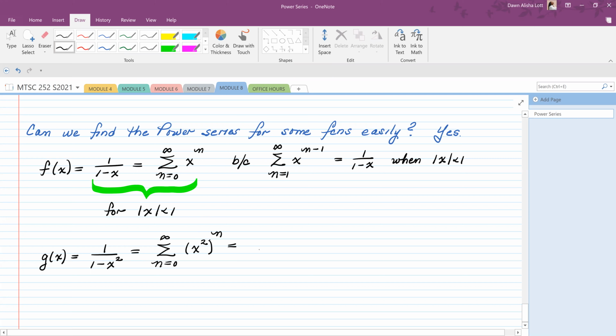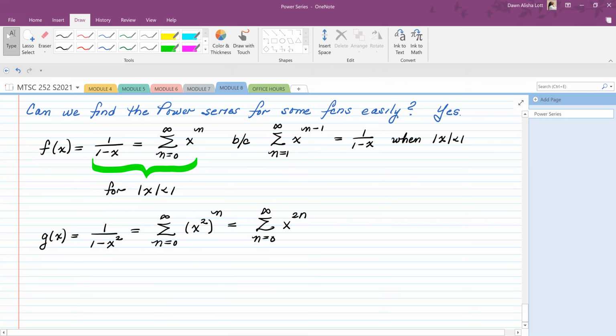So this is the sum, n equals 0 to infinity of x to the 2n, again if the absolute value of x squared is less than 1, which just says the absolute value of x is less than 1.